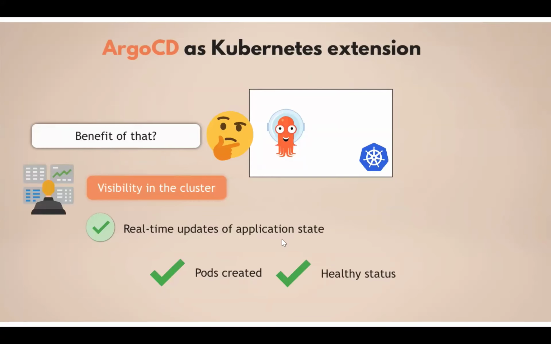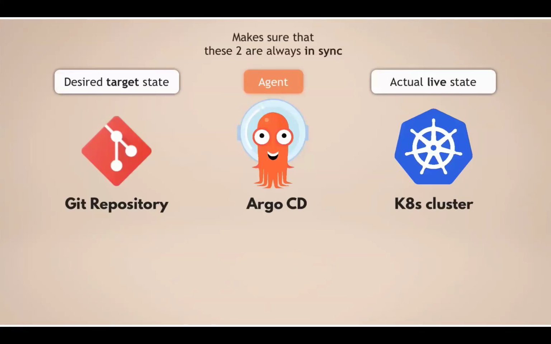Real-time updates you will get: pod health, healthy status, pod created or not, everything. And this is the linking. Basically, if you have desired state and actual state, it will link them together, which we have already seen.